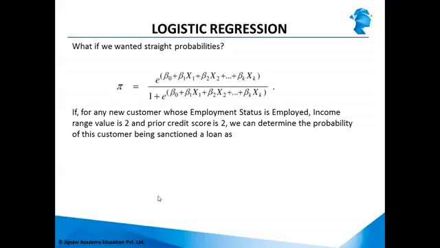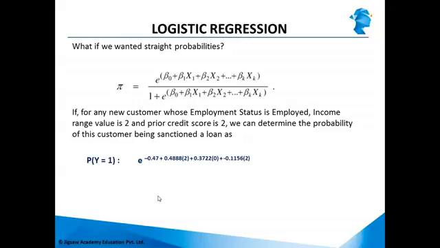So in our example, supposing I have a new customer whose employment status is employed, so employment status equals 0, income range value is 2 and prior credit score level is 2, I can determine the likelihood of this customer being sanctioned a loan, in other words the likelihood of this person not defaulting on a loan, by substituting my beta values and my x values into this equation.